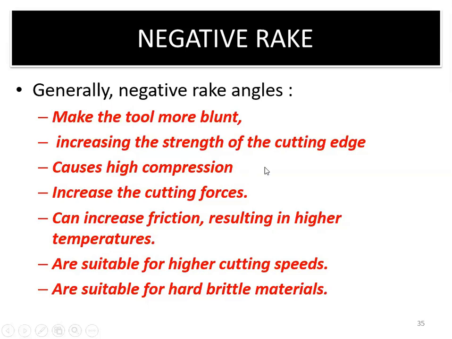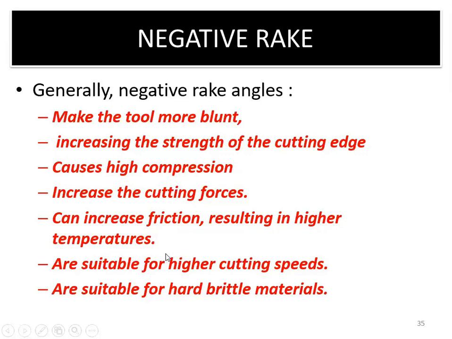They give more compression because we are going to press the tool against the workpiece, which causes high compression. As sharpness is blunt, more cutting force has to be applied. As the rake face comes into contact with the workpiece first, more friction will be there, and because of that friction more temperature will be produced.